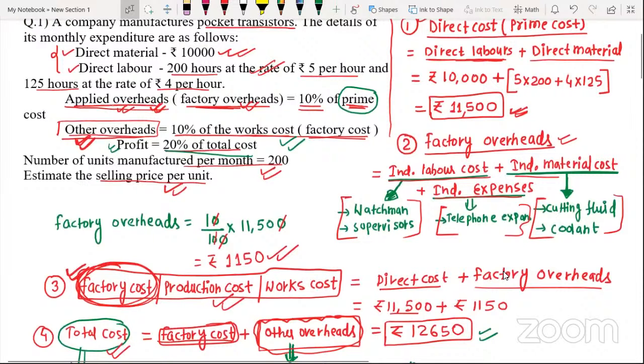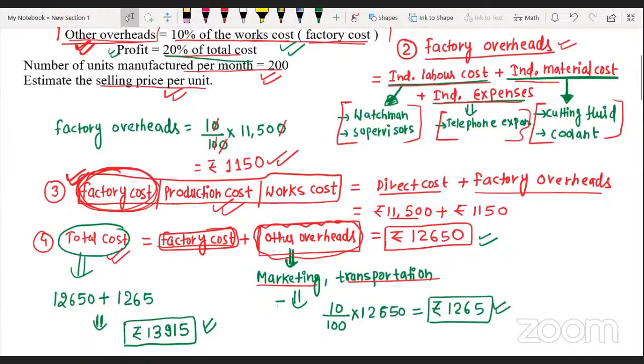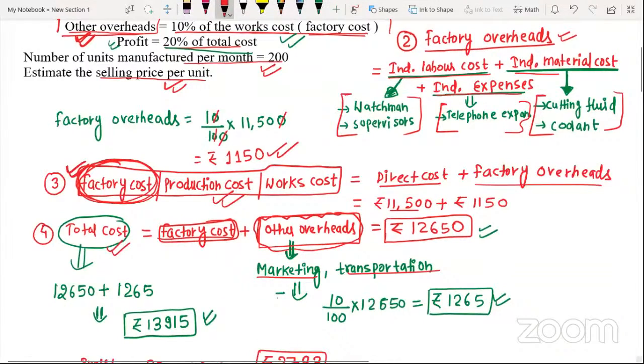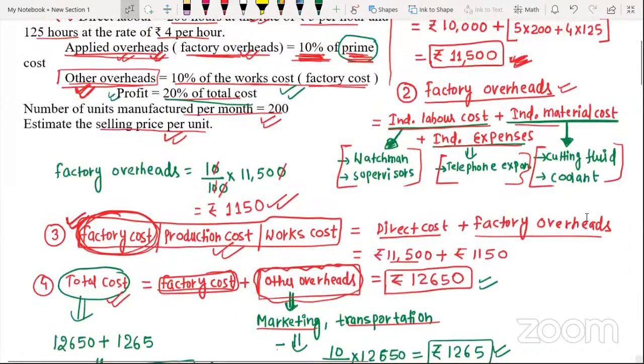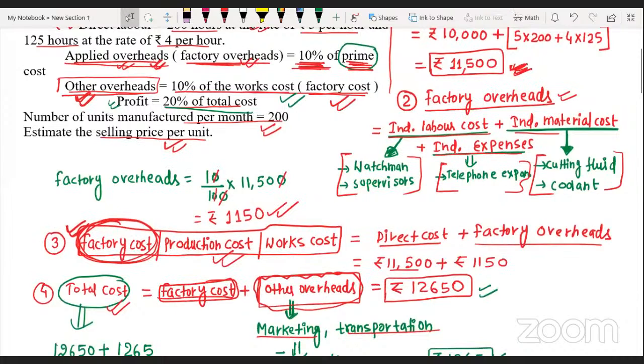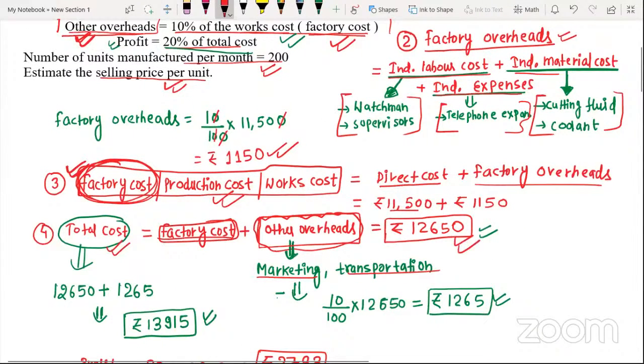Other overhead, they are saying that 10% of the factory cost. So the factory cost is 12,650. So 10% is 1265.